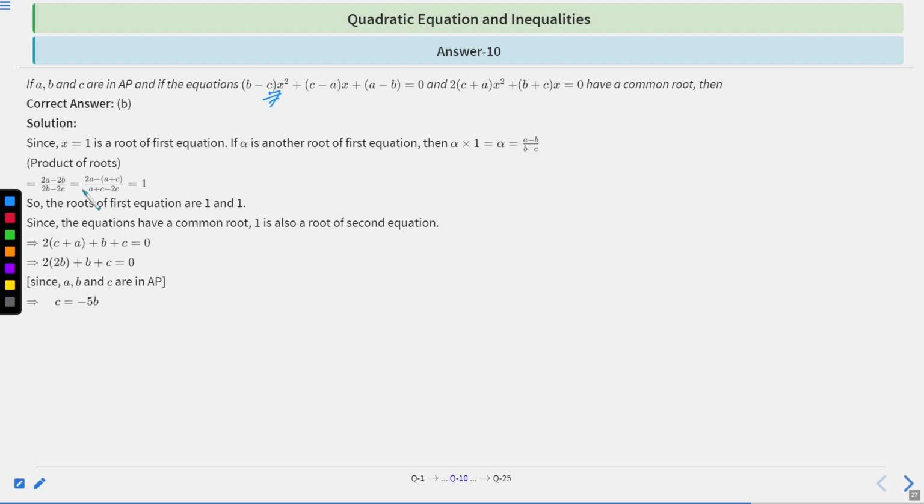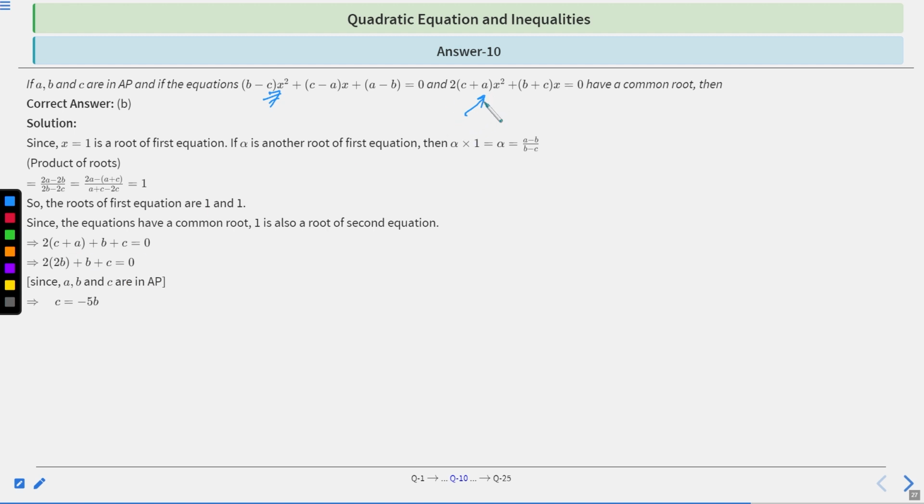So the product of roots is basically 2a minus 2b upon 2b minus 2c. Multiply and divide by 2. Now, let's take 2b as a plus c, because a, b, c are in AP. So 2a minus (a plus c) upon (a plus c) minus 2c equal to 1. So the roots of the first equation are 1 and 1. This will cancel out to 1. Clear? So 1 is also a root of this equation.